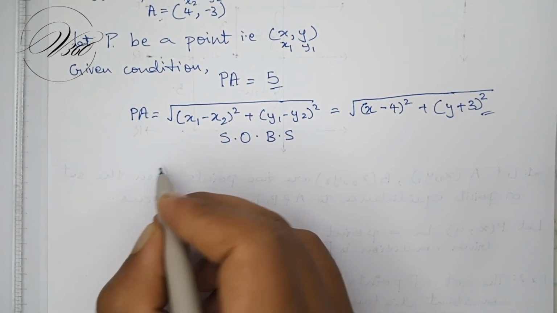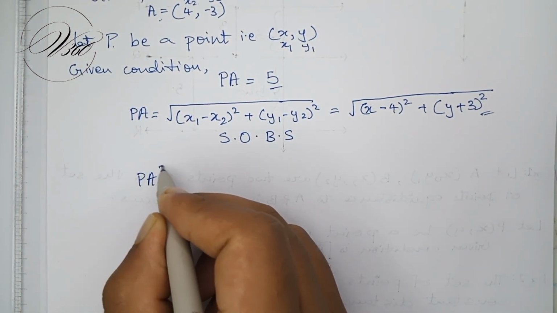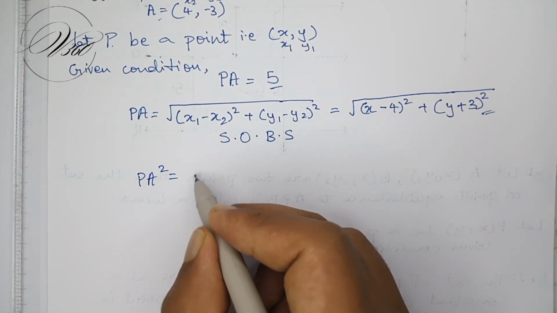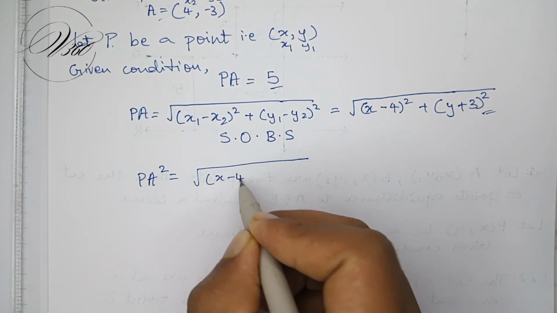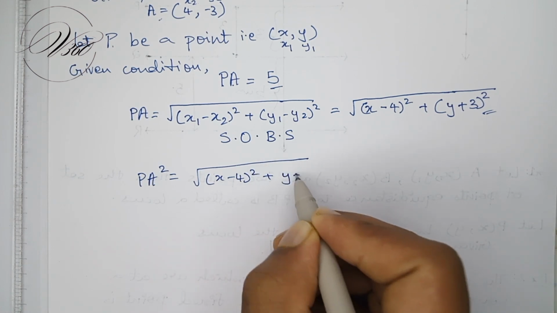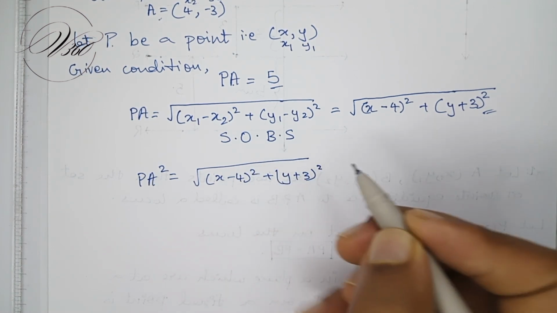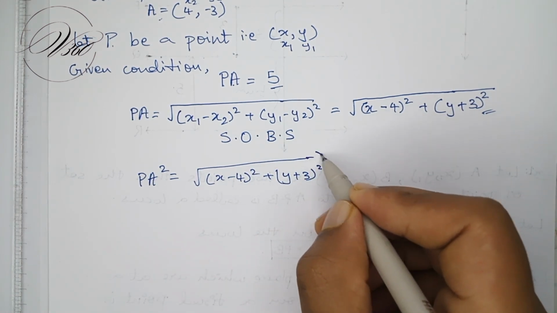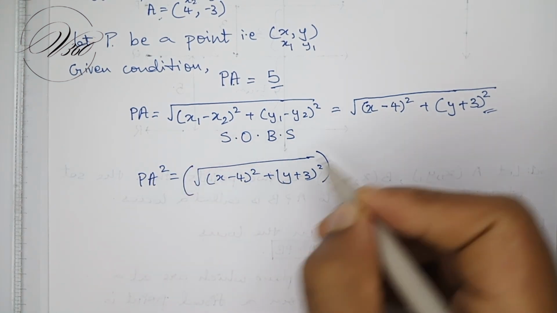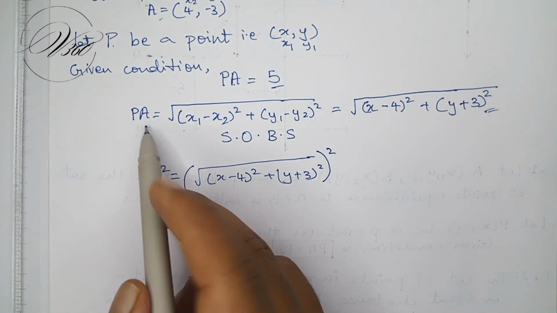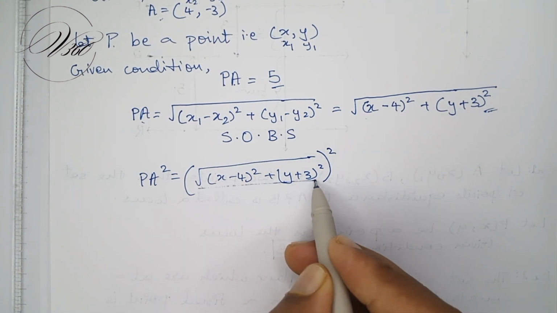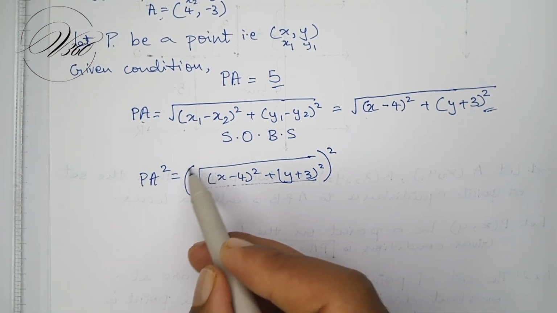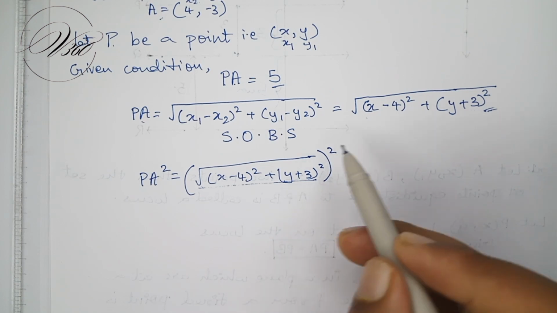Now PA square is equal to under root (x minus 4) whole square plus (y plus 3) whole square, this totally under a whole square. PA is this value, and PA square is this value whole square.